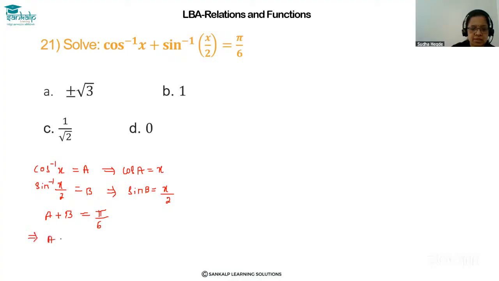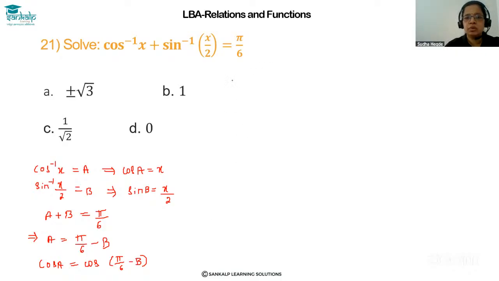This implies A is equal to pi by 6 minus B. Taking cos on both sides implies cos A is equal to cos of pi by 6 minus B. Correct?